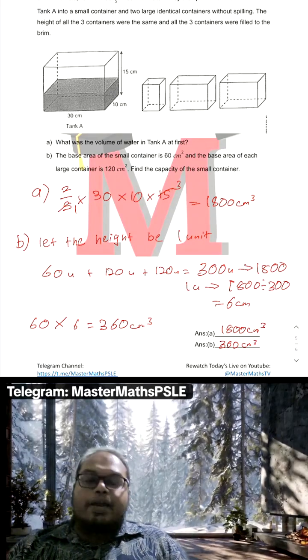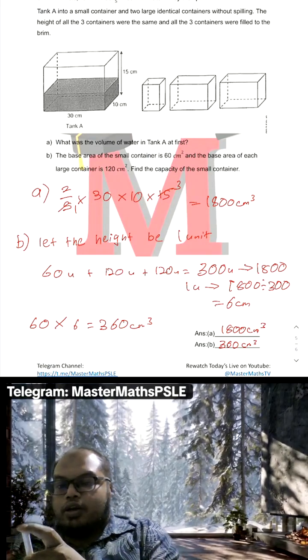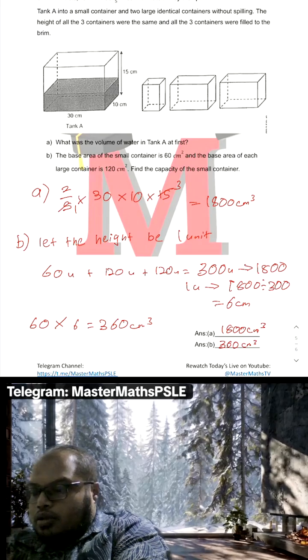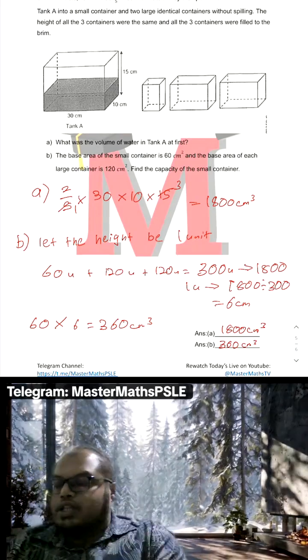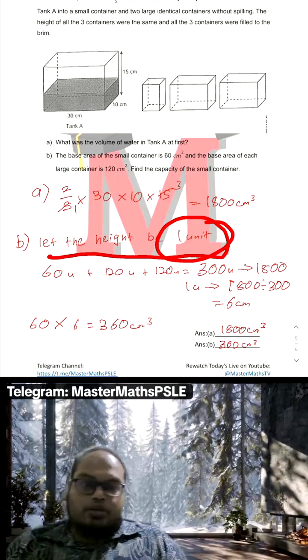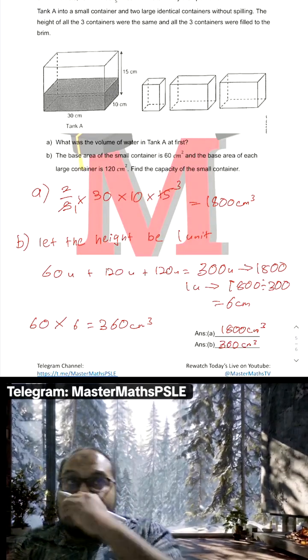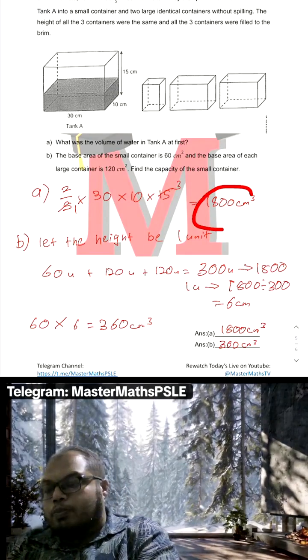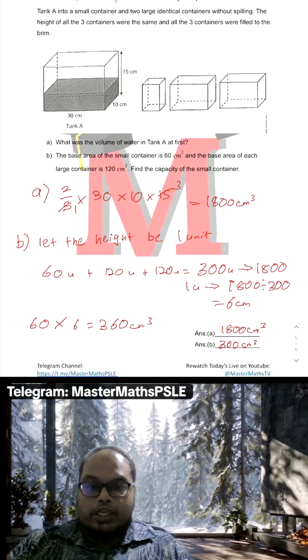Okay, then for part B, right? So what I firstly do is I let the height be a unit. Then the thing here, what we have was the volume of water. So I calculate the volume using a unit.